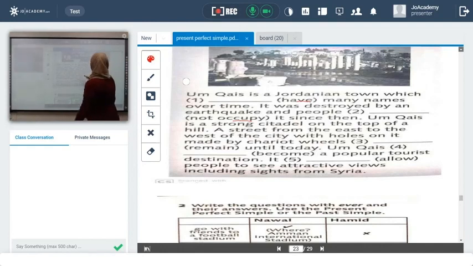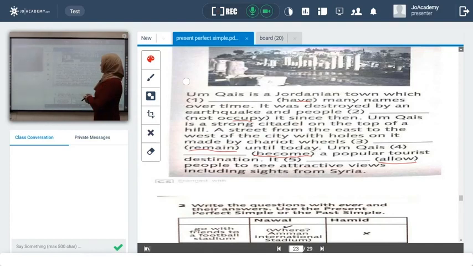A street from the east to the west of the city with holes on it made by chariot wheels remain until today. Qais become a popular tourist destination. It allow people to see attractive views, including sights from Syria.